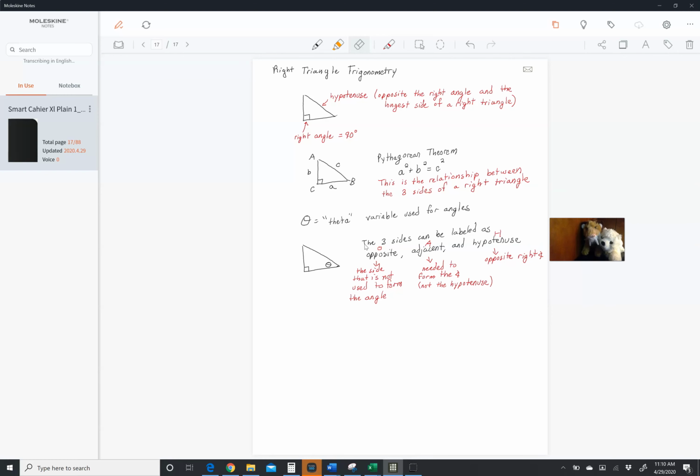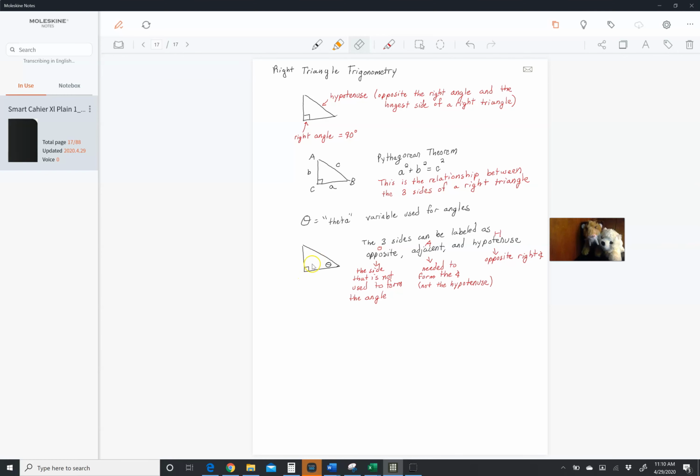Okay, so let's label this triangle based on this angle here. Notice that if you change the location of the angle, if we use the angle at the top instead, then the location of the opposite and the adjacent is going to change. Why do we say that? Well, first of all, the hypotenuse we always know is opposite the right angle.